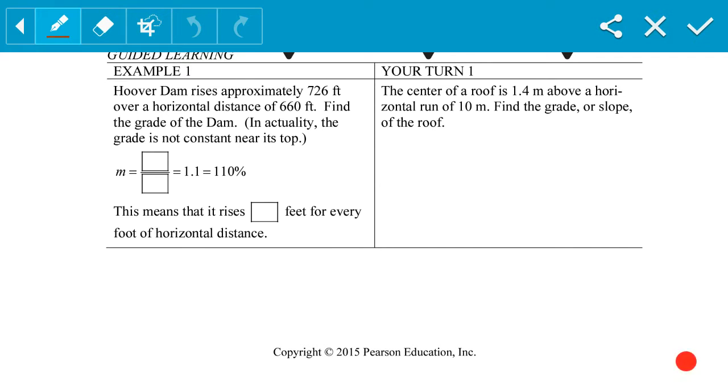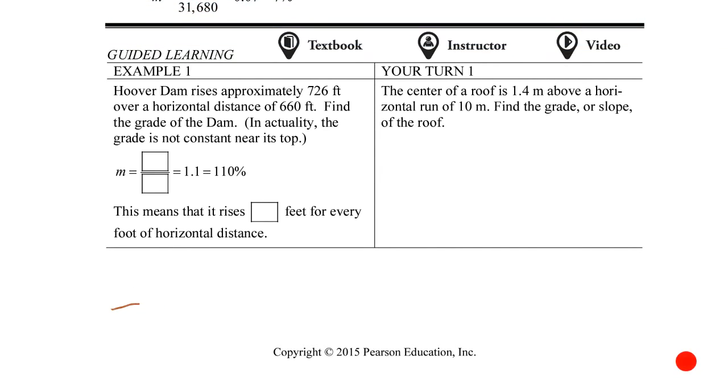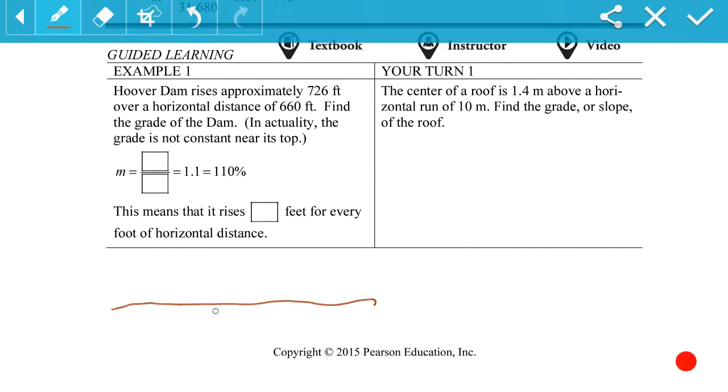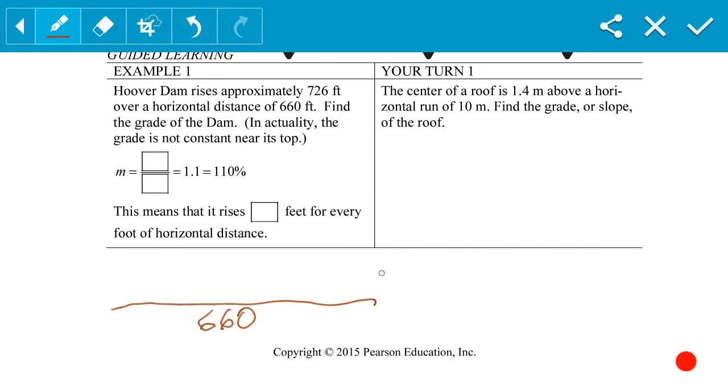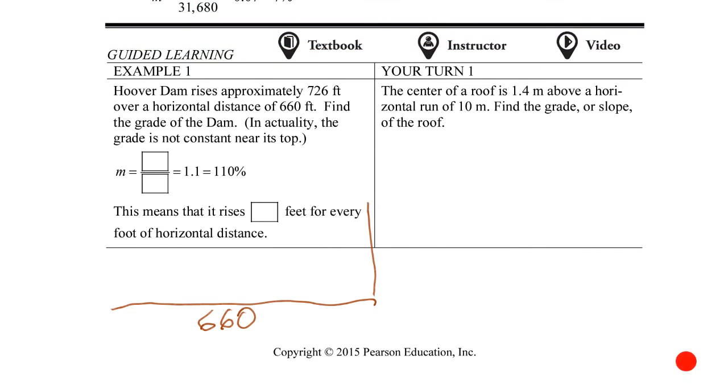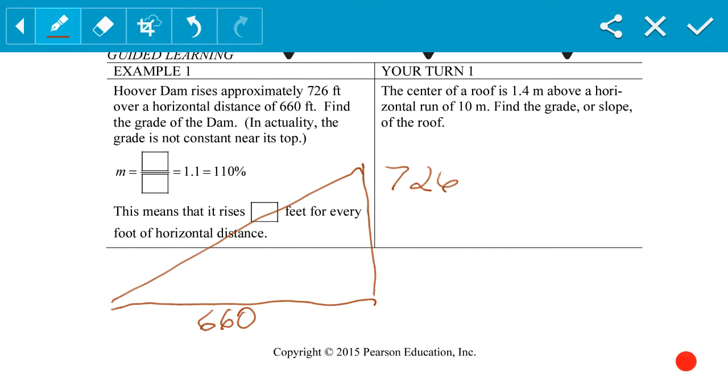So what we want to do is say that we have a horizontal distance of 660 feet, and the dam rises up to 726 feet. So from here to here, what is the slope?